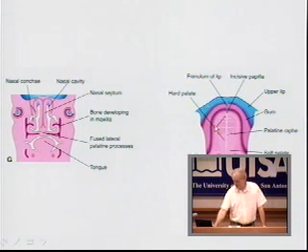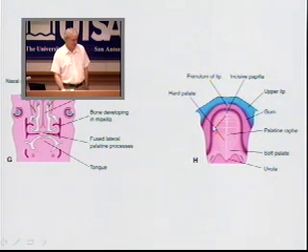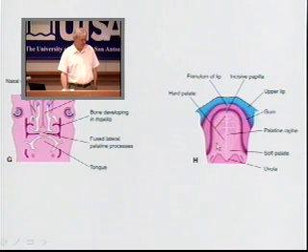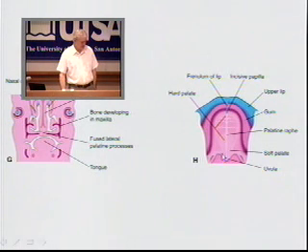Then in panel H, again consistent with the pattern so far, we're looking at an inferior view of the roof of the oral cavity. The hard palate is shown here with the soft palate and the uvula at its most posterior portion toward the back of the head. And the palatine raphe is illustrated here.